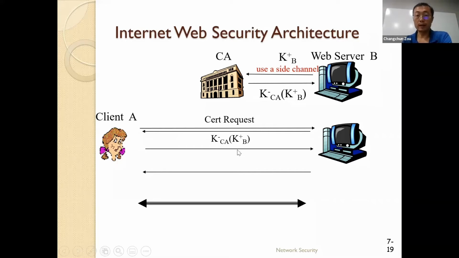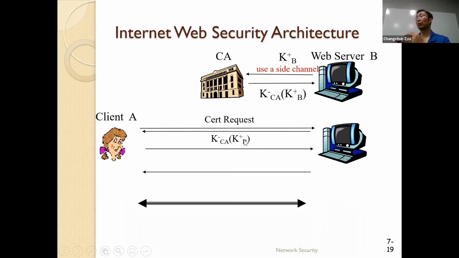The web server sends back its digital certificate. When the browser gets it, the browser uses the corresponding KCA+, which, remember, is hard coded in the browser, to decode it and recover KB+.